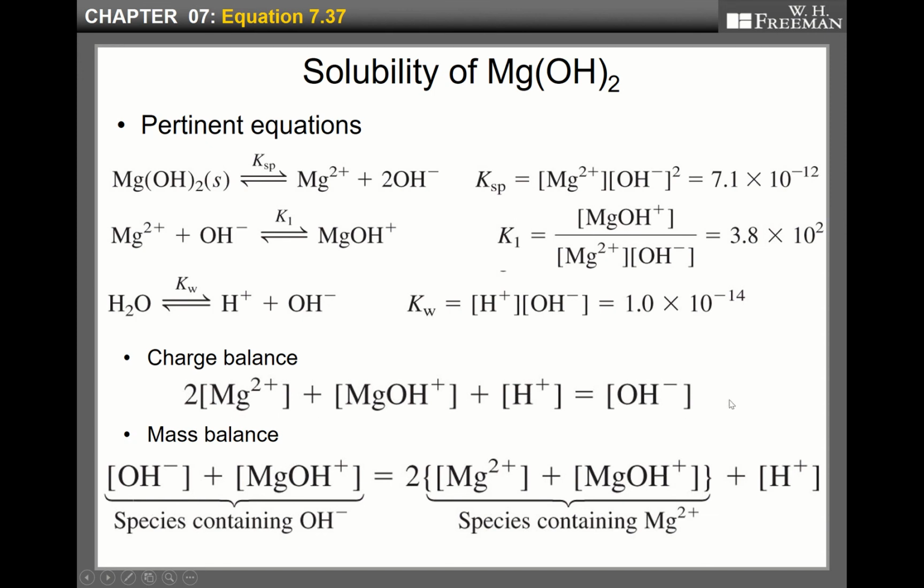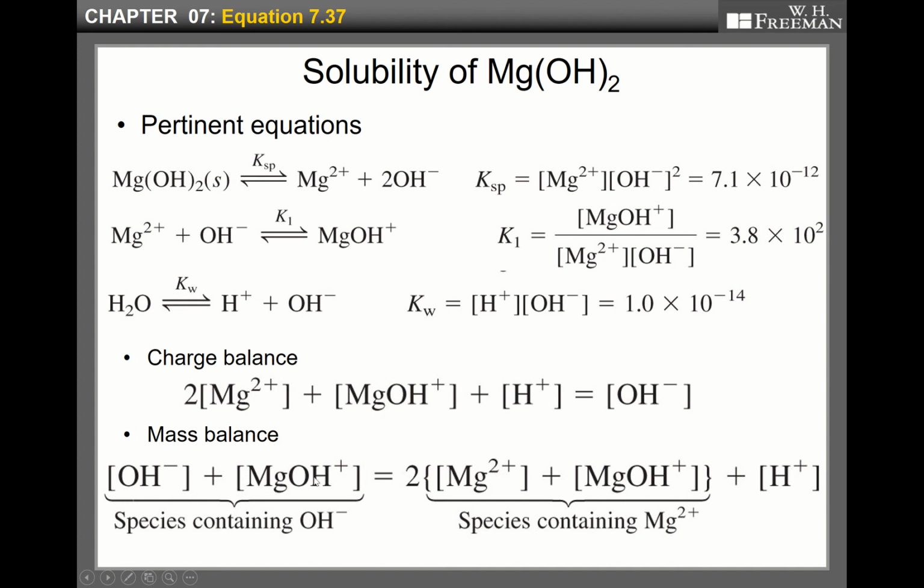And also, let's try to write the mass balance equation. We start from this first equation. The total magnesium, the concentration of species that contain the magnesium ion, is equal to the concentration of the species that contain hydroxide ion.